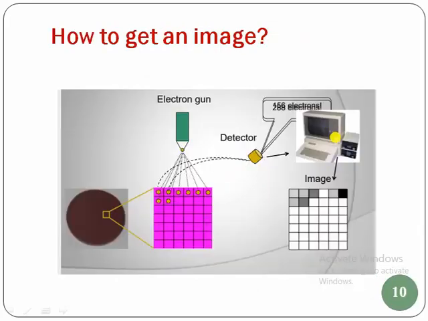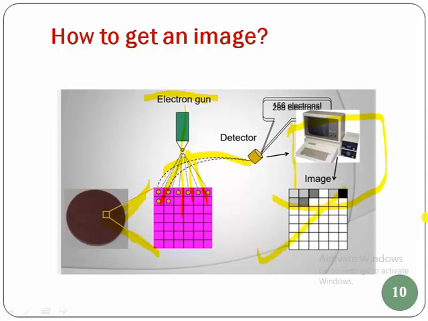Now we will see how to get an image. Here there is a light source, or you can say an electron gun. From this gun you apply the electrons, and they come over here. Now this is the lens, so it will again reflect and come to the detector, and by computer you will get this image.